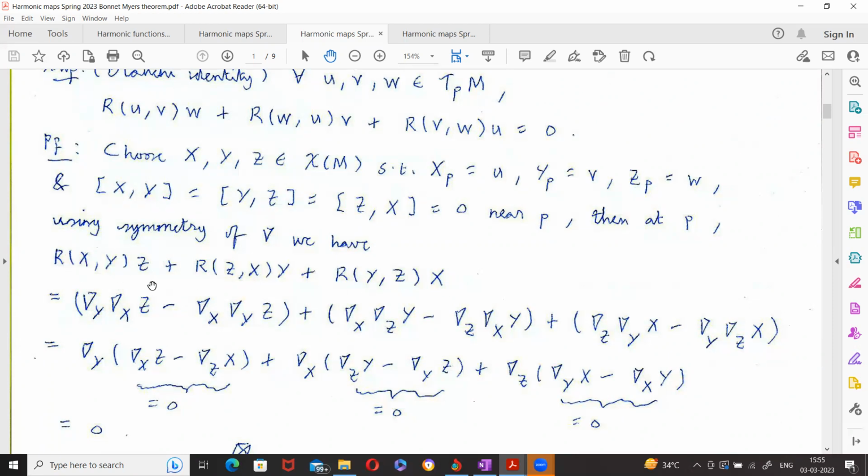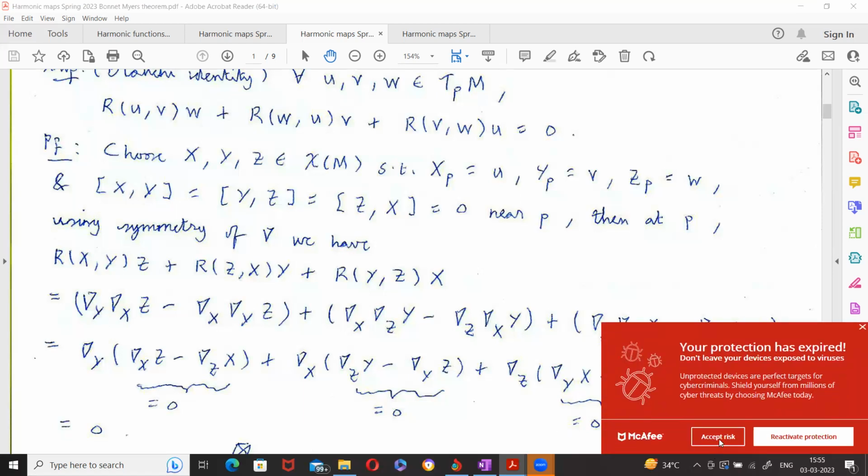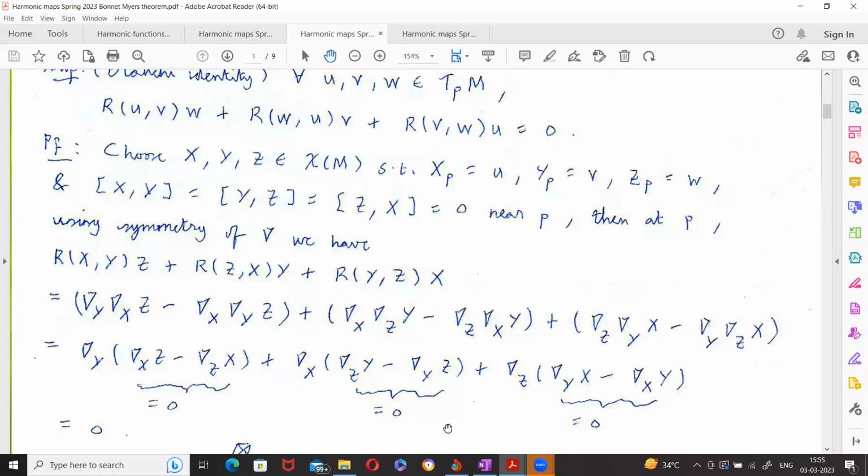Now you write out what this is. Because the brackets are 0, there won't be any bracket terms. You'll get ∇_Y∇_X Z minus ∇_X∇_Y Z plus ∇_X∇_Z Y minus ∇_Z∇_X Y plus ∇_Z∇_Y X minus ∇_Y∇_Z X. Now you group together the terms which have a ∇_Y. So ∇_Y will be applied to ∇_X Z minus ∇_Z X. But because the bracket of X and Z is 0, this ∇_X Z minus ∇_Z X, by symmetry, will be 0.